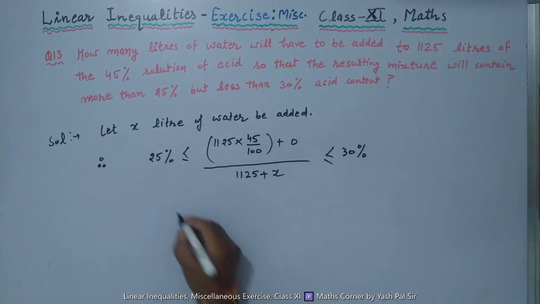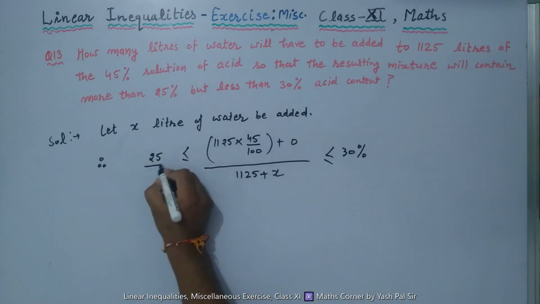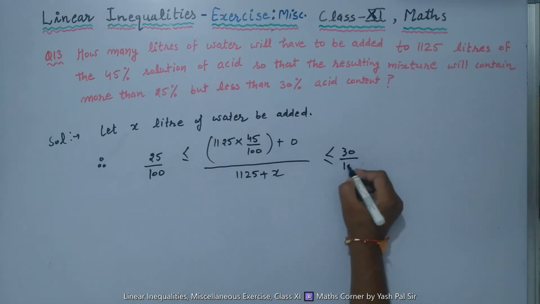Now solving this, this becomes 25 upon 100, this becomes 30 upon 100.